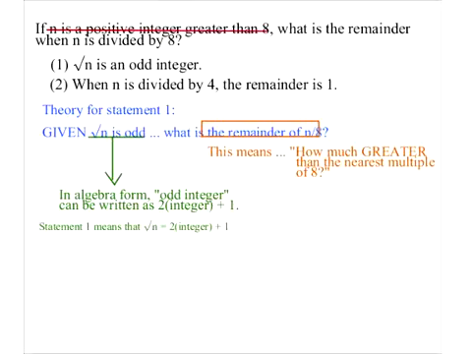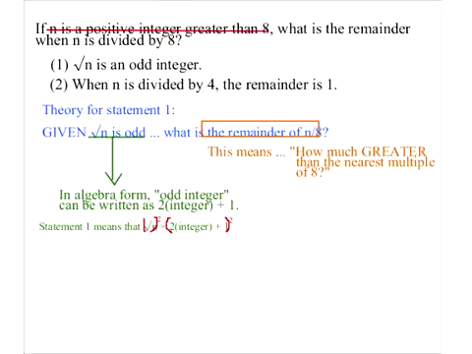So you can do normal algebra on this. So you can square both sides of that. Let's square both sides. If we square the left-hand side, we just get n, because n is positive.